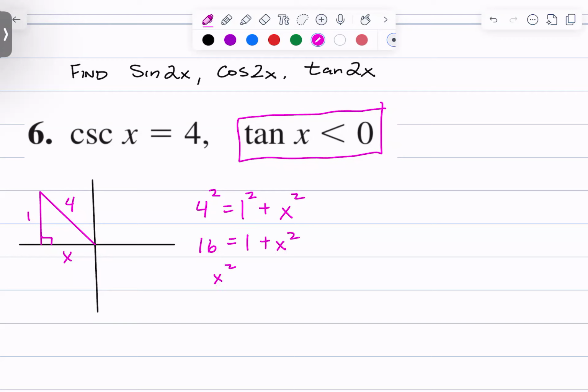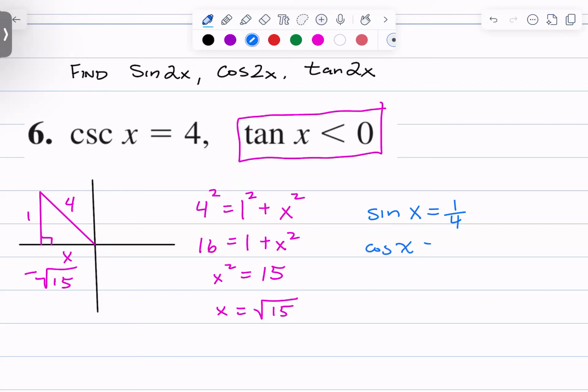So x squared is going to equal 16 minus 1, which is 15. x is equal to the square root of 15. But that's negative because I'm in my second quadrant, right? So from here, I get my sine of x is equal to 1 over 4.